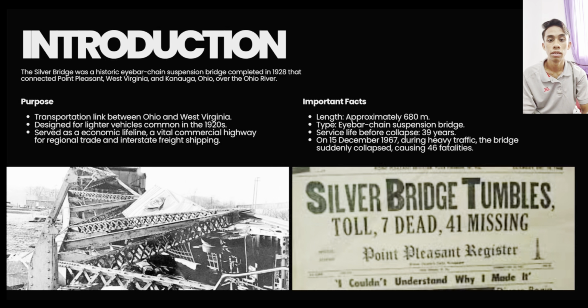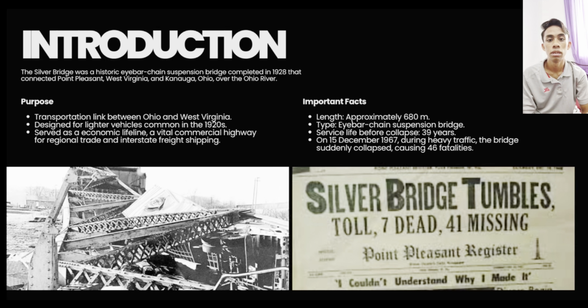The Silver Bridge had a total length of approximately 680 meters and remained in operation for 39 years. However, it is important to remember that the bridge was designed during the 1920s. During that period, vehicles were generally much lighter and traffic volume was significantly lower compared to the modern standard.